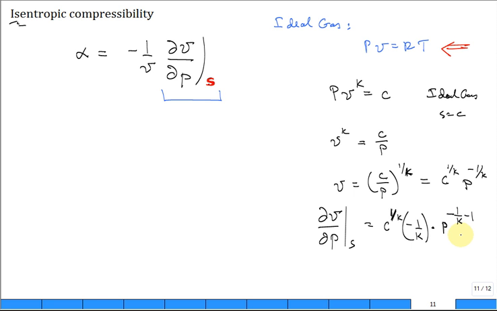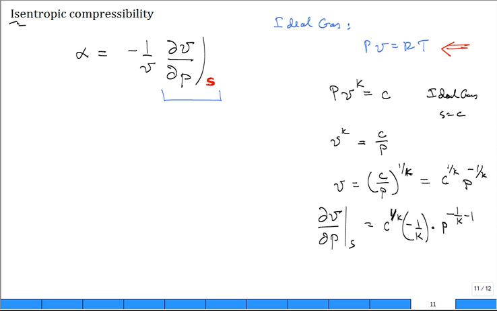Yeah, you like that? How many people like that? Does that look okay? Is that what you got? Very good. Now you can rearrange this a little bit, right? Because 1 is K over K, you get a common denominator. So if you wanted to, you could rearrange it, but let's leave it there for a minute.